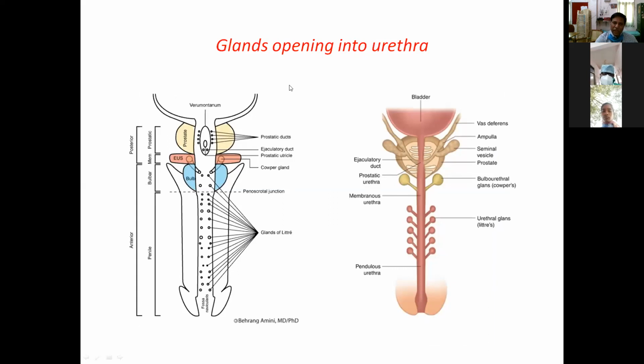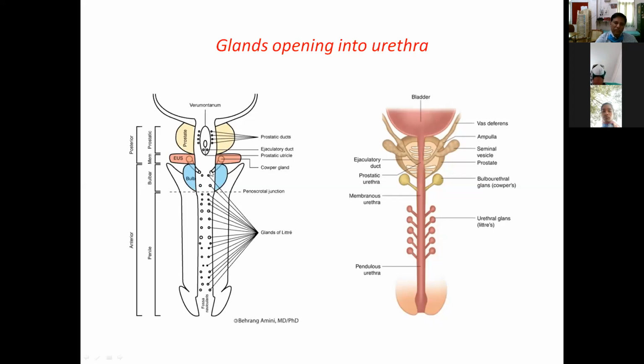And the last one is the glands opening into the urethra. You can see a number of prostatic glands opening onto the perineum. Then the ejaculatory duct opening, and the vas deferens is also open. And here are the bulbourethral glands, or Cowper's glands. Though they are embedded in the perineal muscles, their ducts open into the bulbar part of the urethra.